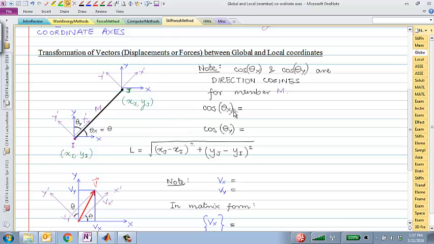So cosine of theta x, can I calculate that knowing that the x and y coordinates of node J are xj, yj, and x and y coordinates of node I are xi, yi? What would be cosine theta x if I know the coordinates? And maybe just to help you, I'll draw a few dotted lines as well.